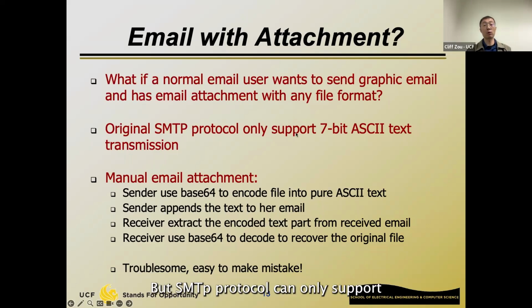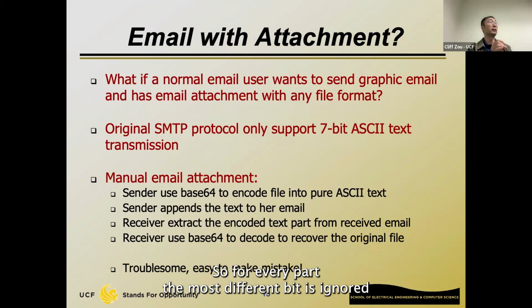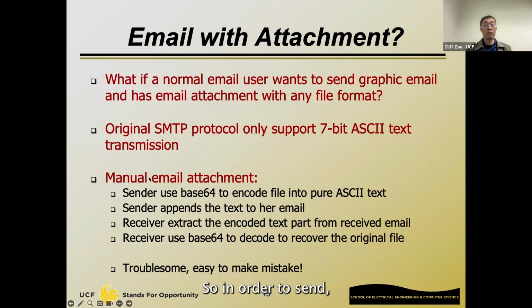But the SMTP protocol can only support 7-bit ASCII text transmission. So for every byte, the most significant bit is ignored by the SMTP protocol. So in order to send a data file or a document to your colleague, the researchers at that time did it this way to send email attachments. They used this base 64 program.